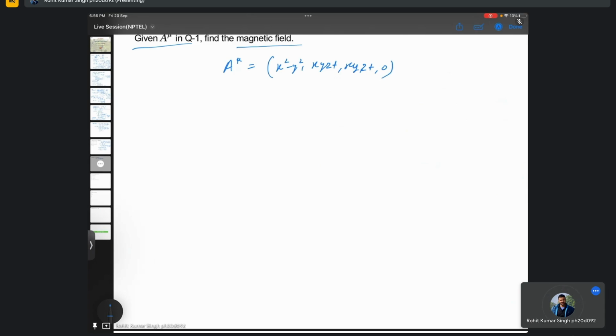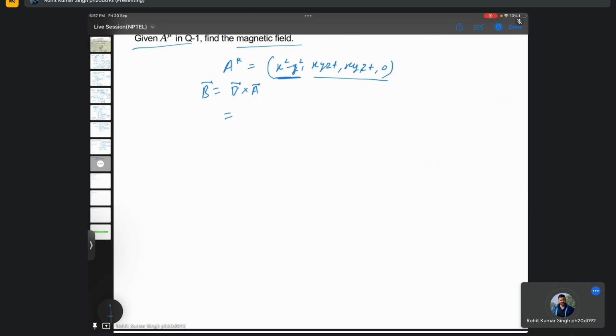Okay, and so magnetic field is given by del cross A, right? So we don't need the zeroth component, the scalar potential. We just have to deal with the vector potential.